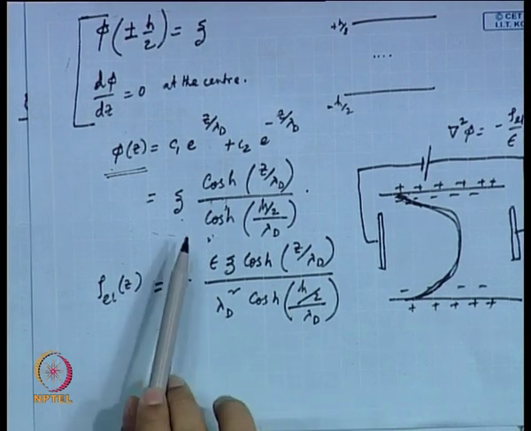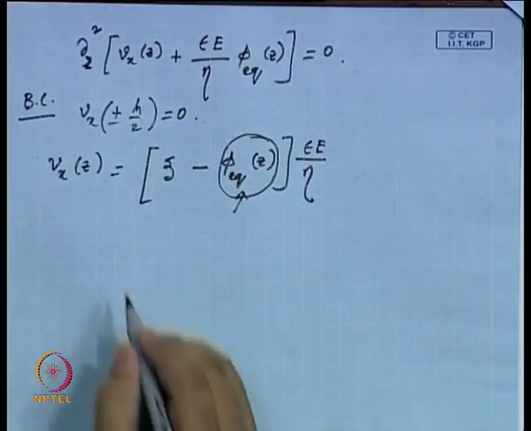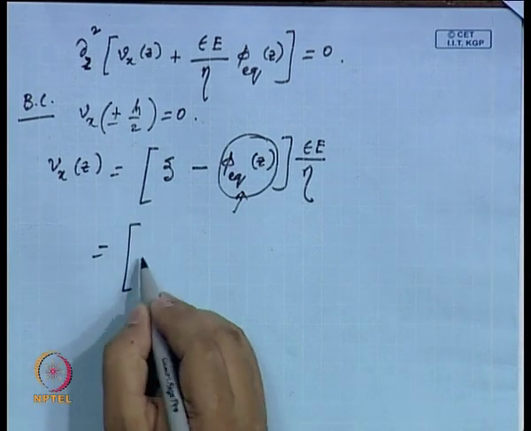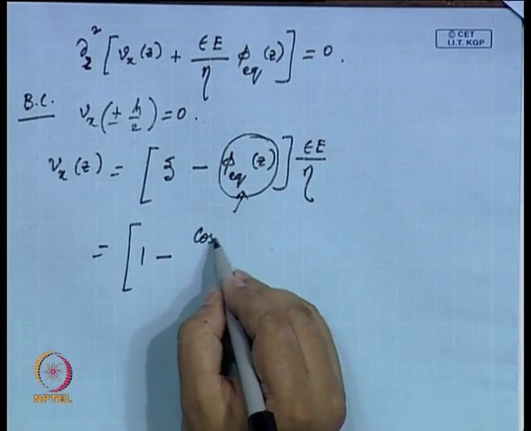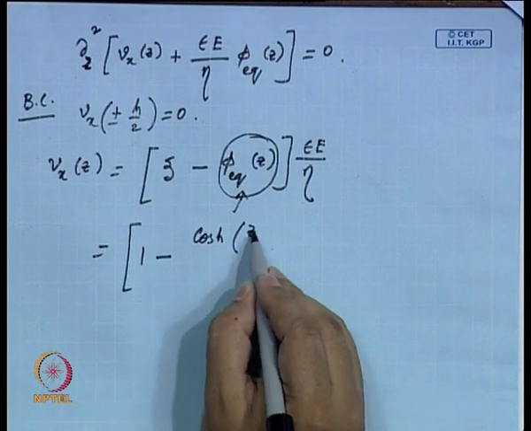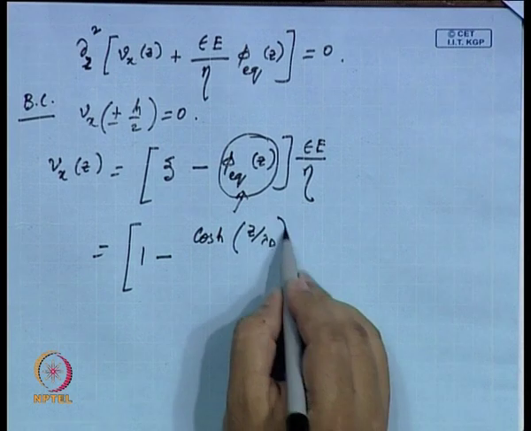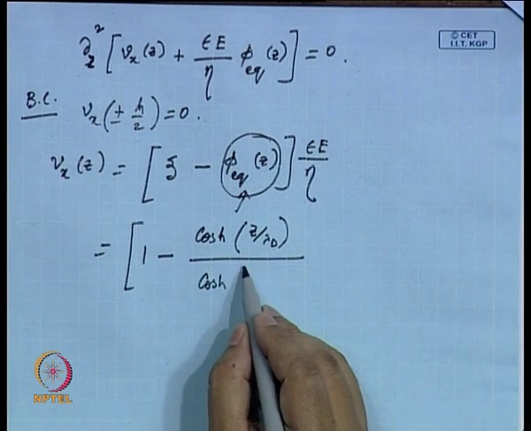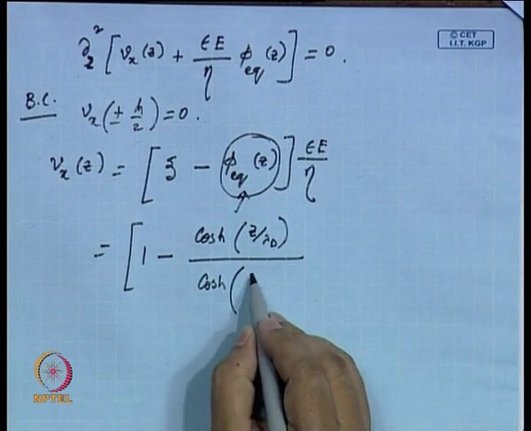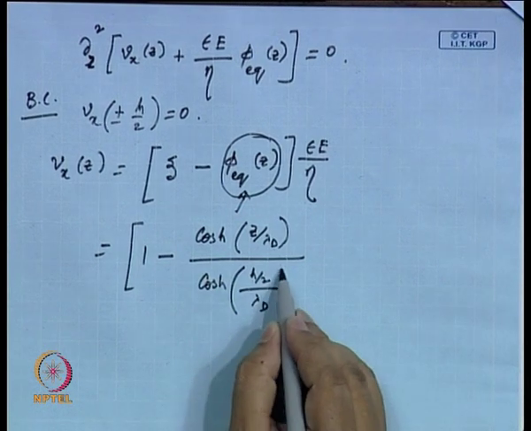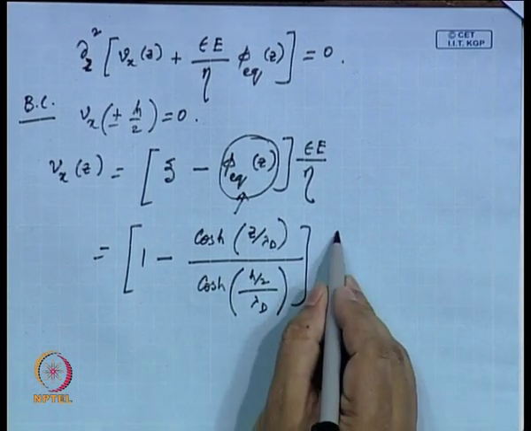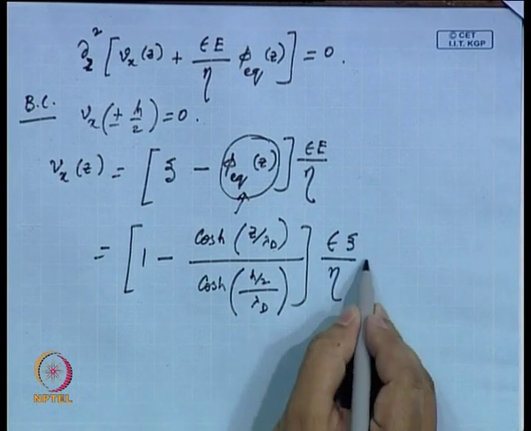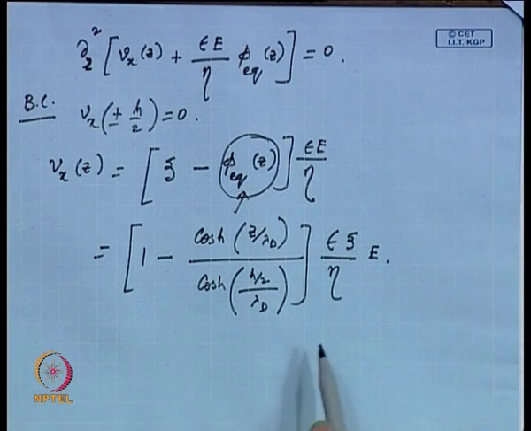So, if we bring in that expression, then Vx of z would be equal to 1 minus cosh of z by lambda d, divided by cosh of h by 2 divided by lambda d, times H by 2, the half aperture, into epsilon zeta divided by eta into E.